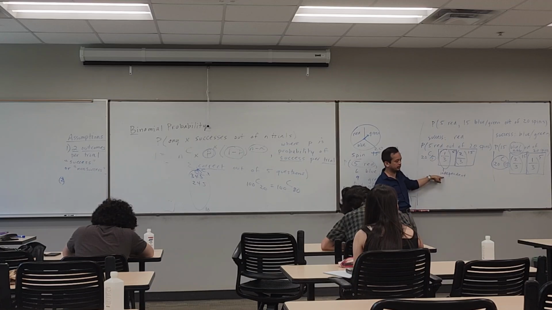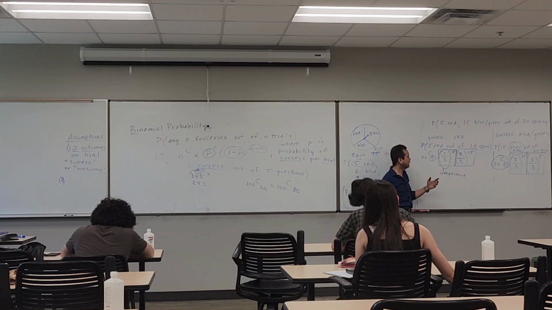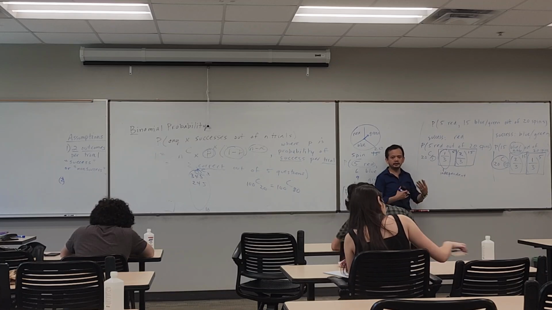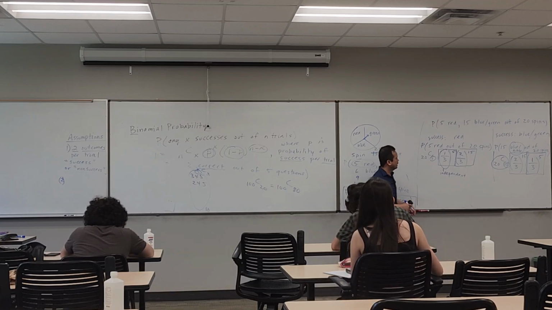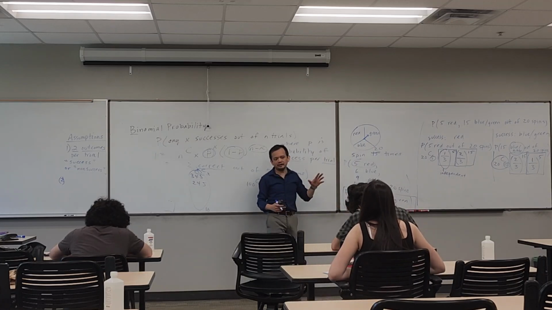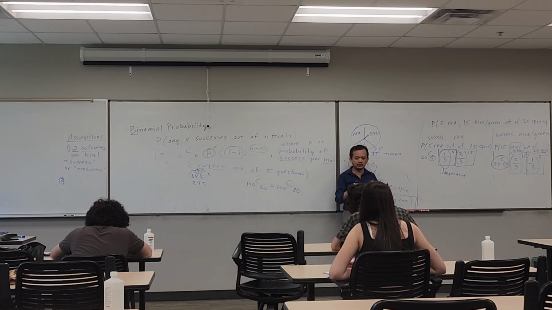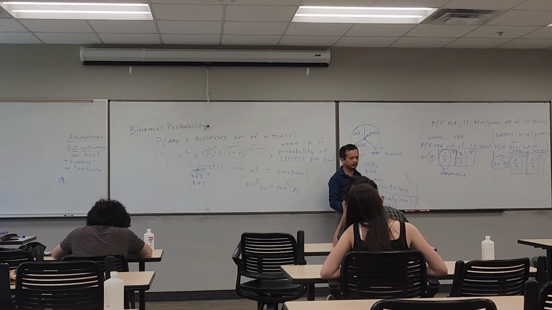So they're independent of each other. That's why you can use the same probability over and over. So again, this formula only works if each trial is independent from the other trials. And we saw in the past that's not always the case. Sometimes something happening might affect the likelihood of it happening in the future, in which case they would not be independent.